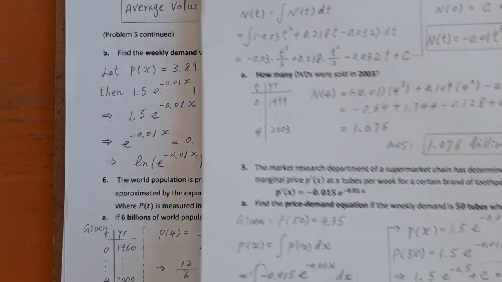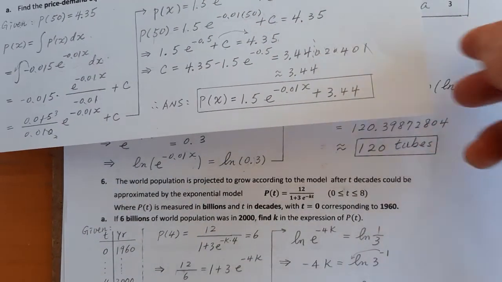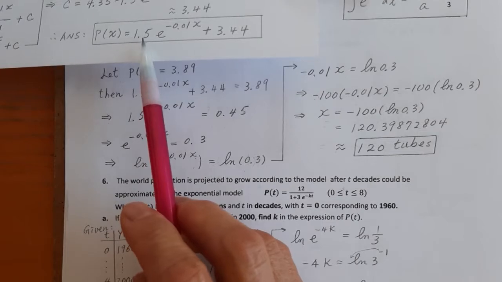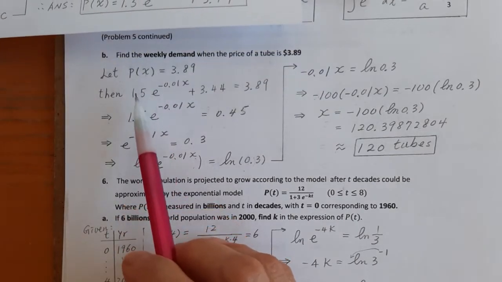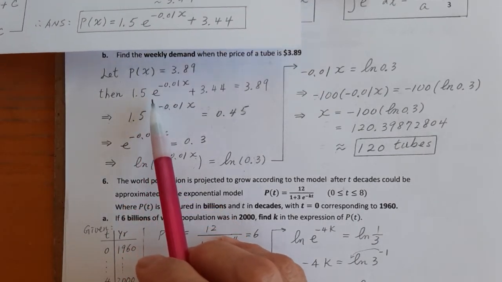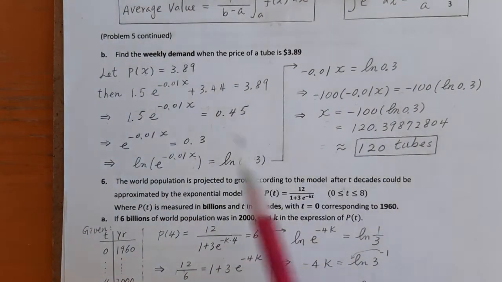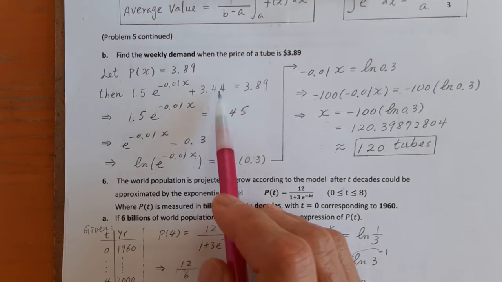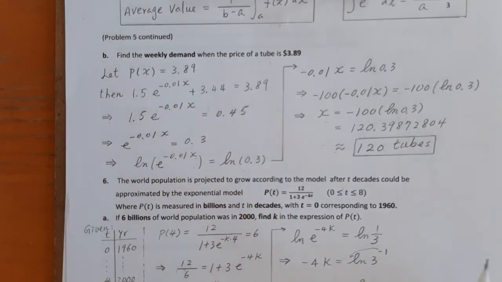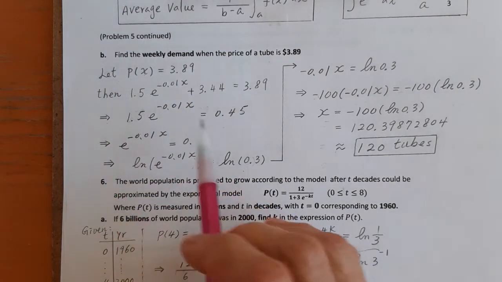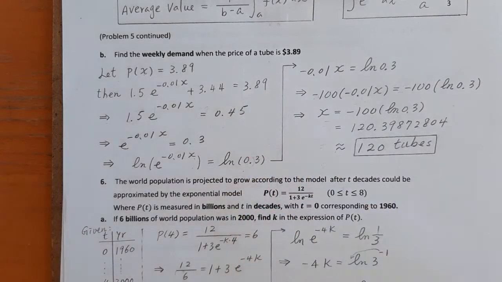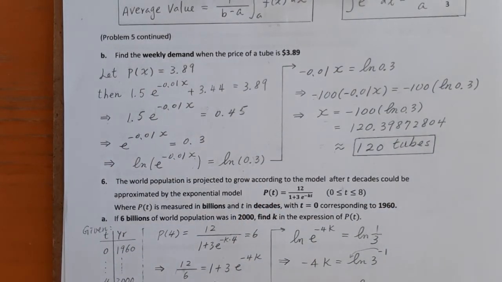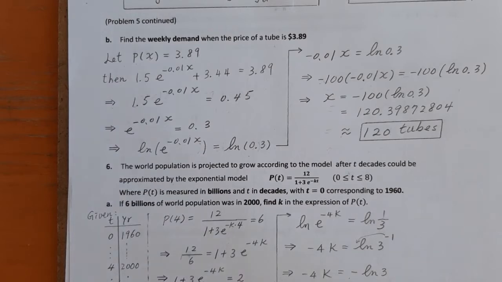From the previous A part, P of x is 1.5 e to the power negative 0.01x plus 3.44. Let that equal 3.89. Price equals 3.89, and solve for x.